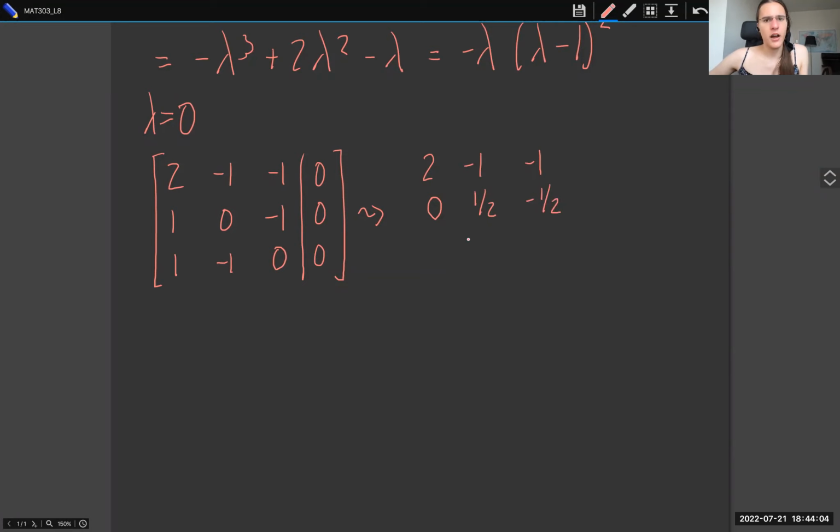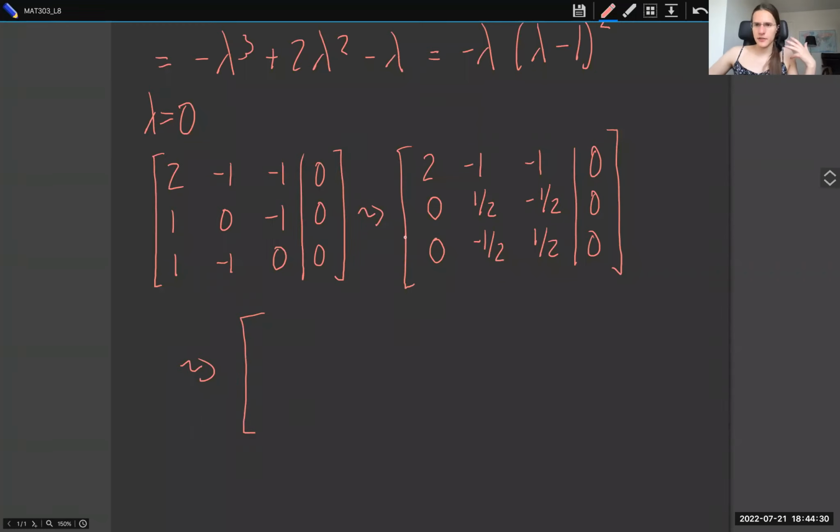And here I'm subtracting 1 again. So I'm adding 1/2 here. And I'm adding 1/2 here again. Okay, these are linearly dependent. So as a consequence, I get.